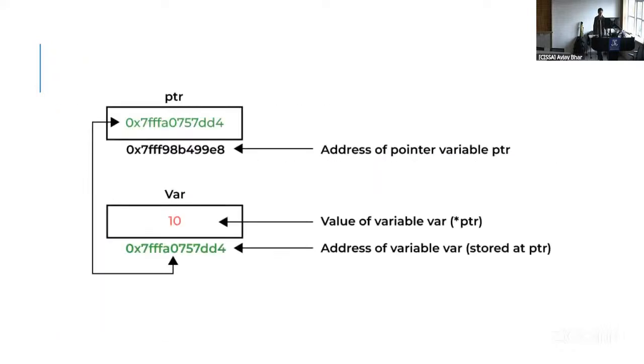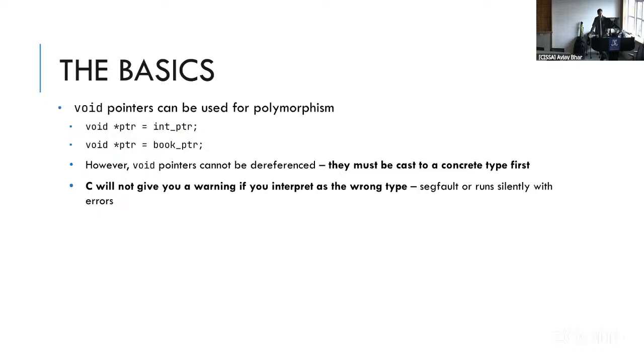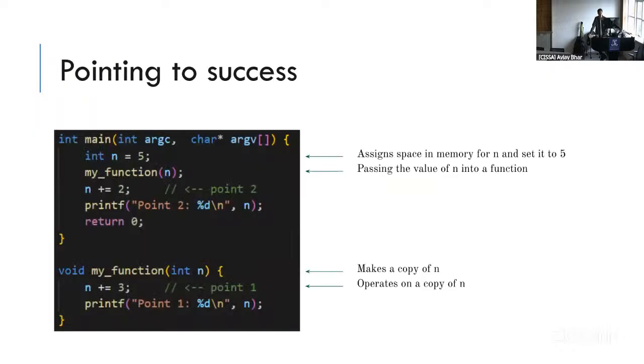If I told you to access 0x77FFFA0757DD4, who here remembers that? We use letters and variable names to access things in the future. Just understand that there are addresses and memory behind that, which is why you may want to use pointers.